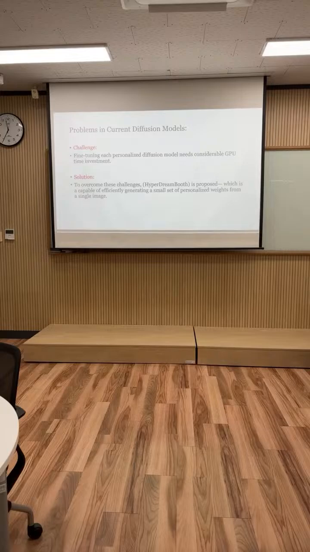As we know, DreamBooth is a diffusion model. After that, they propose this hypernetwork, which is capable of efficiently generating a small set of personalized weights. So instead of directly giving image features to the diffusion model, they are giving the learned weights.